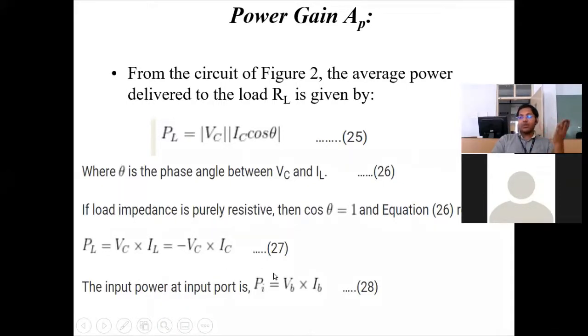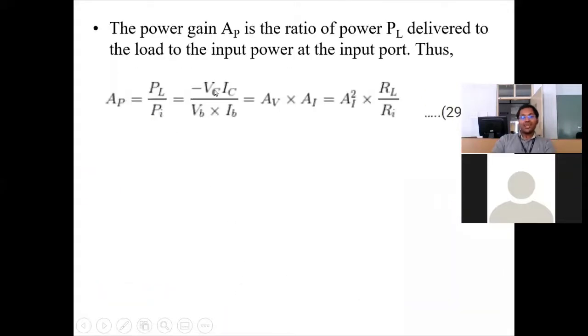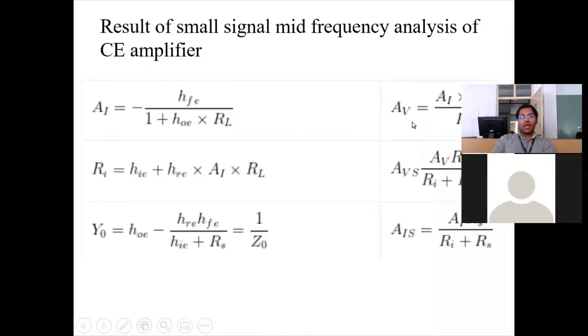Next, input power is input voltage into input current, obviously neglecting the source. And the ratio is easy to understand. Power gain is voltage gain multiplied by current gain. Again, this voltage gain, which we got in terms of current gain, we are replacing to get this expression. So these are all the equations which we have derived.